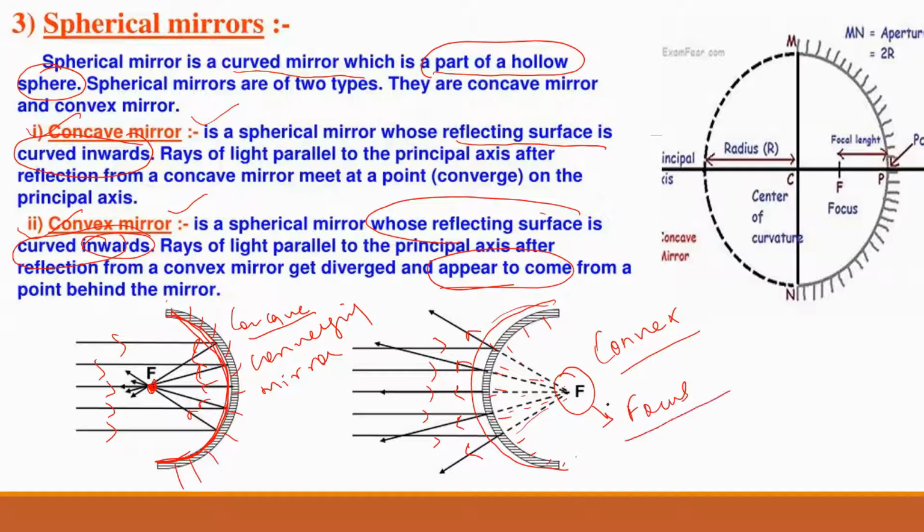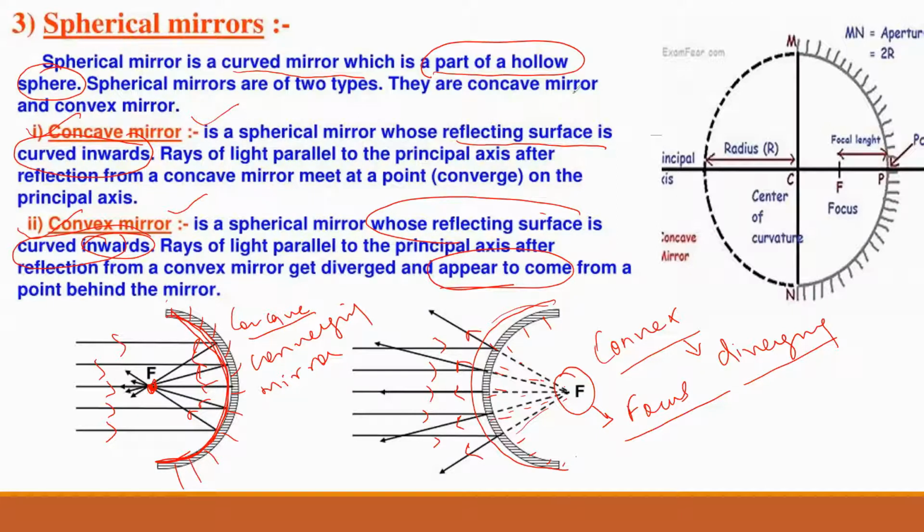They are not meeting here or not converging, but they look like they are coming from the focus. So this convex mirror is also called a diverging mirror.